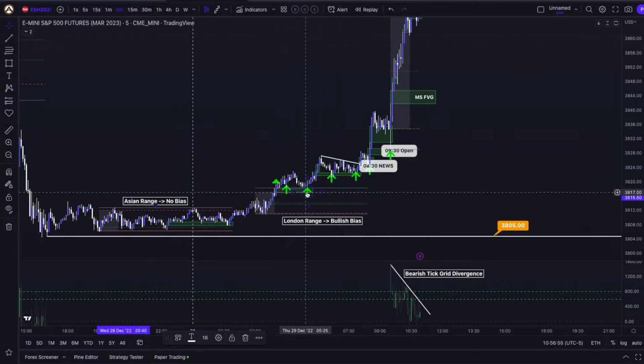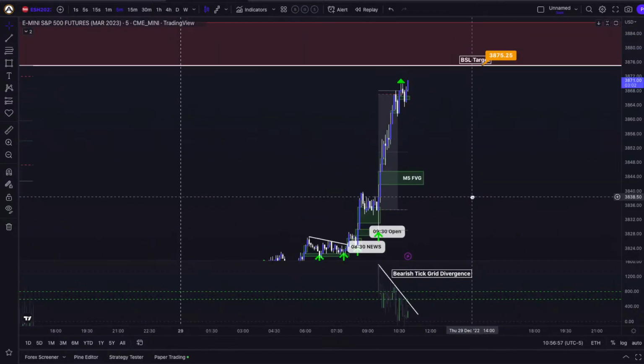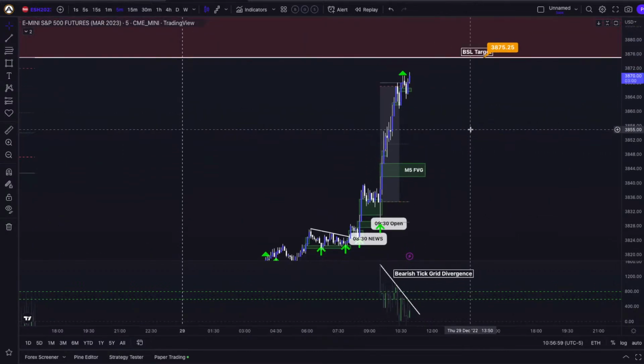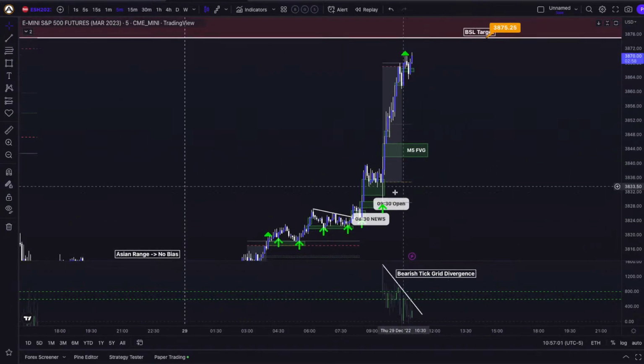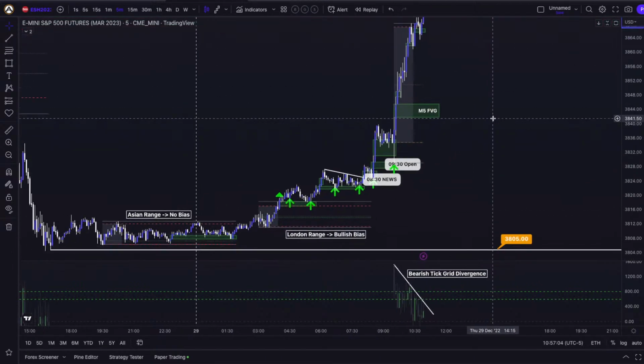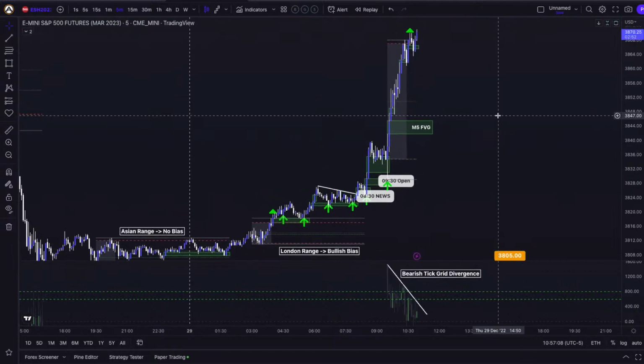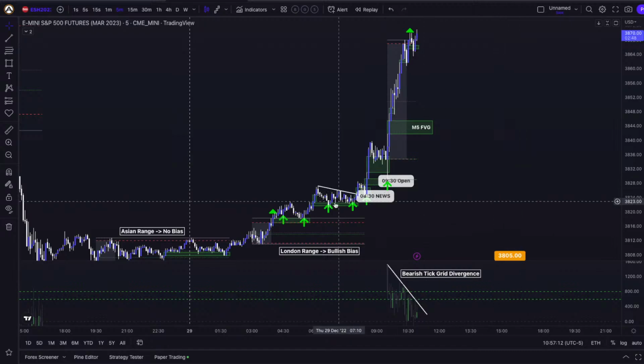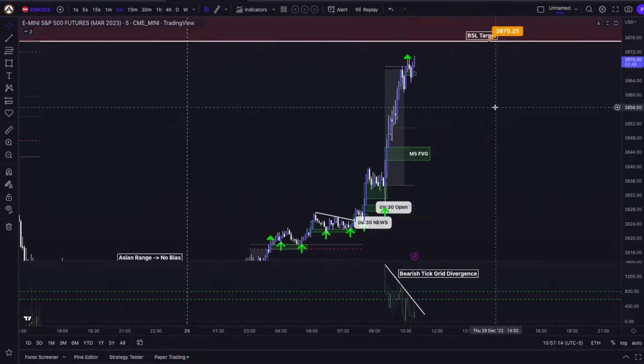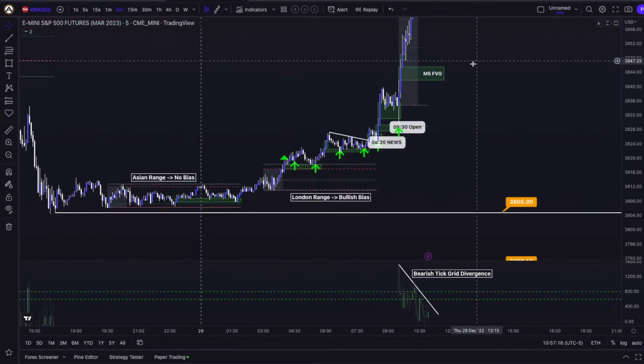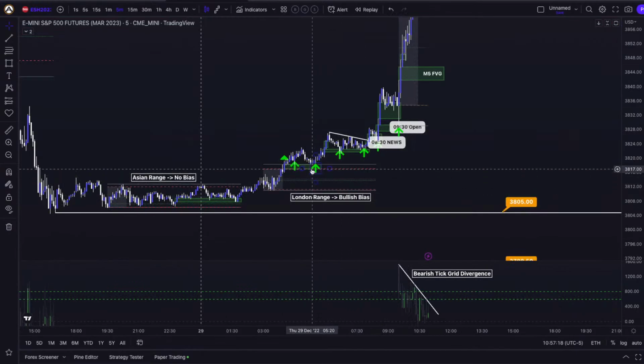So there would have been 1, 2, 3, 4, 5, 6, 7 different entry opportunities on its way up to our previous day high. We will see how the market is closing today and if we're actually closing bullish on the daily chart, or if this might be a pump and dump scheme as soon as we took out buy side liquidity. But as of right now, a very easy day to trade.